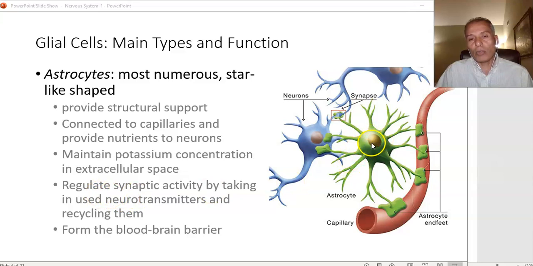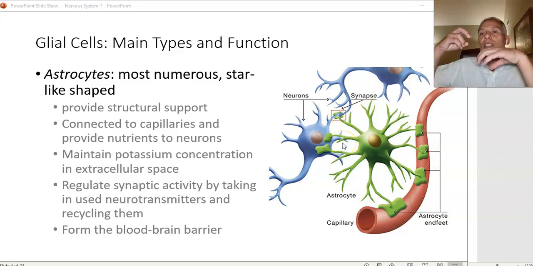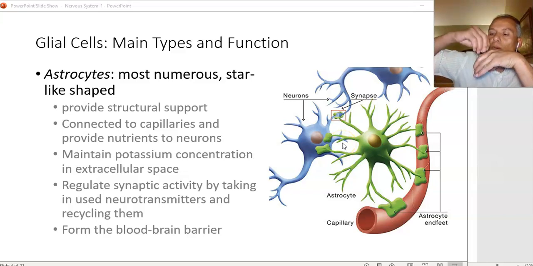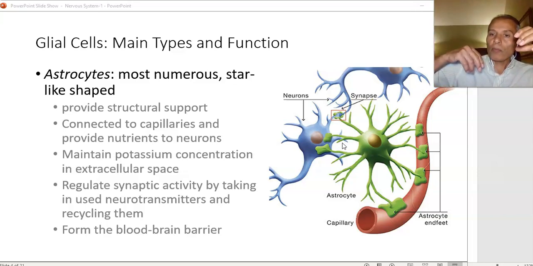These astrocytes regulate the synaptic activity by, for example, recycling some of the neurotransmitters. A neurotransmitter is a chemical element that binds onto a channel to help the channel open or close so that the signal can go through.